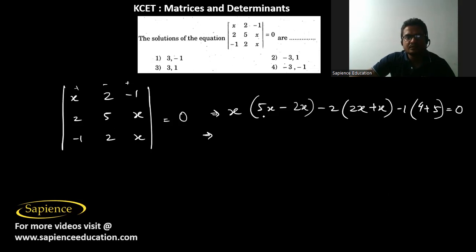So this will be equal to x into 3x, that is 3x square, and this will be minus 6x, then minus 9, that is equal to 0.